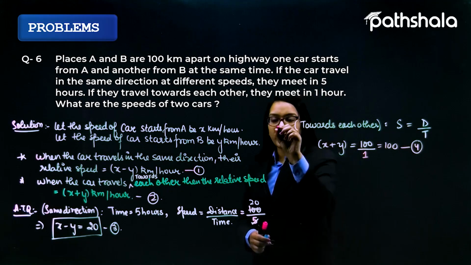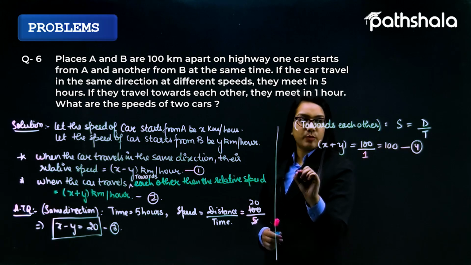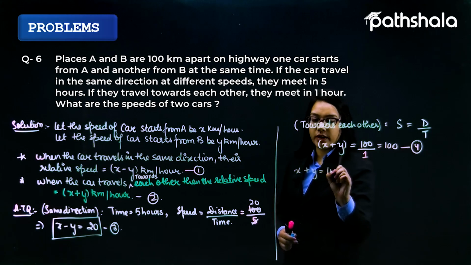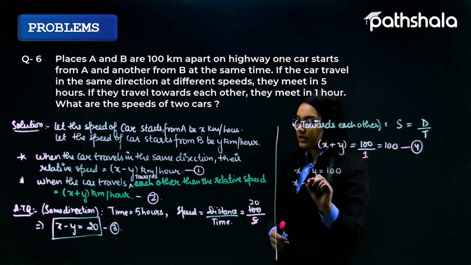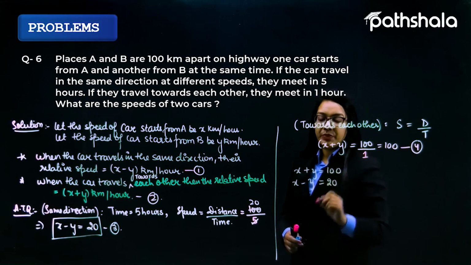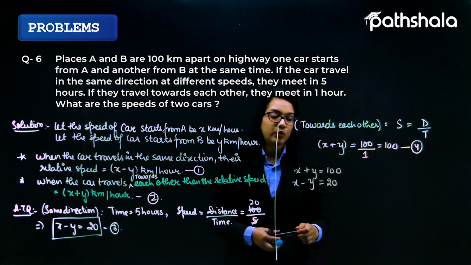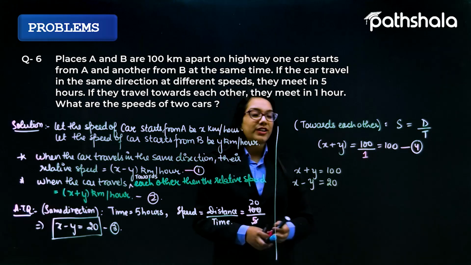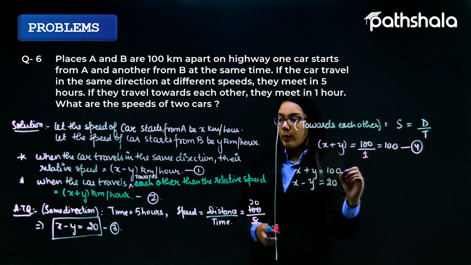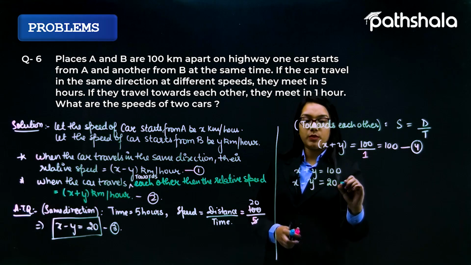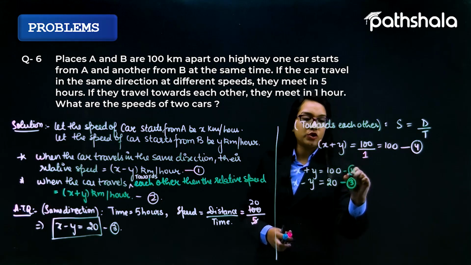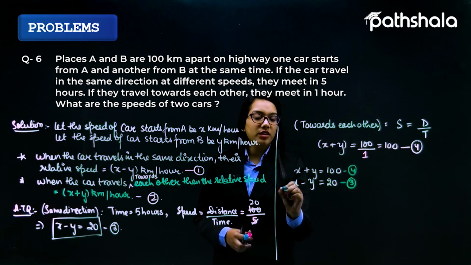Now we have the two equations: x plus y is equal to 100 and x minus y is equal to 20. We can solve these two equations in a very easy manner, because the coefficient of x is the same. Let's subtract these two equations.